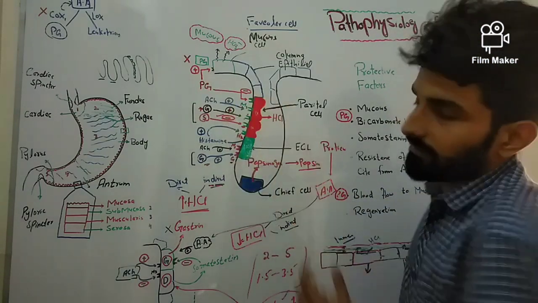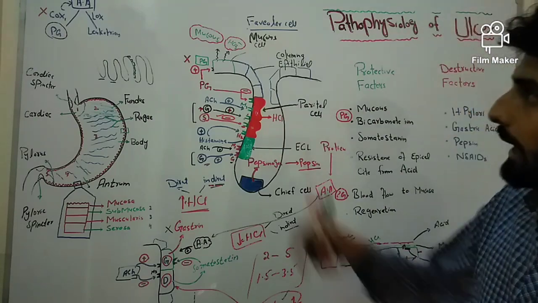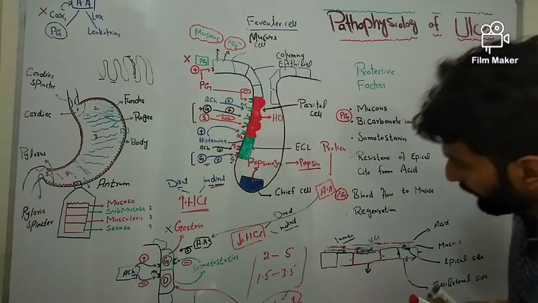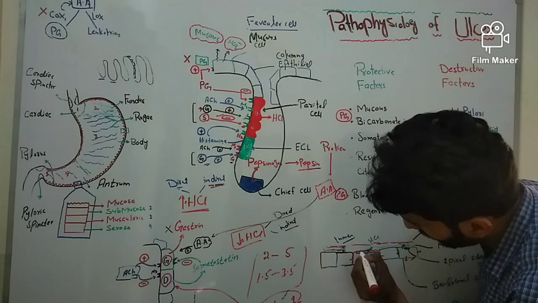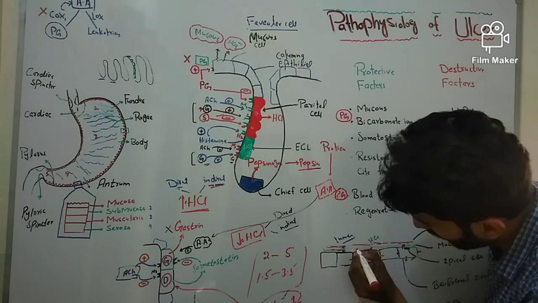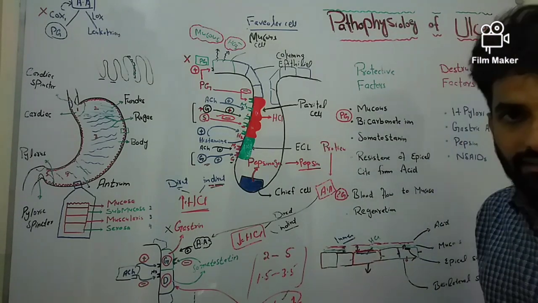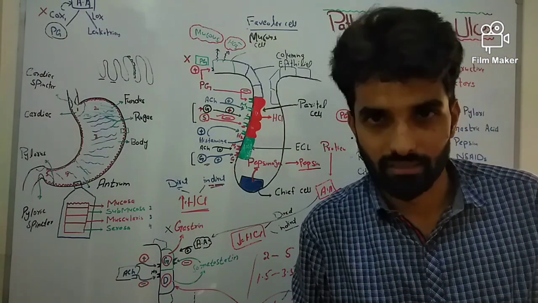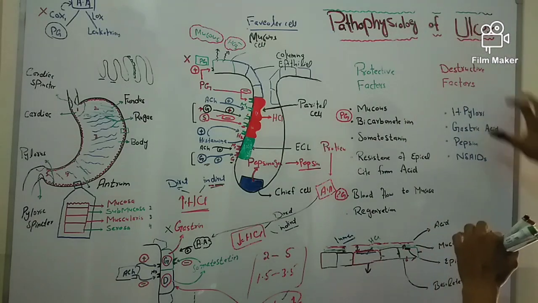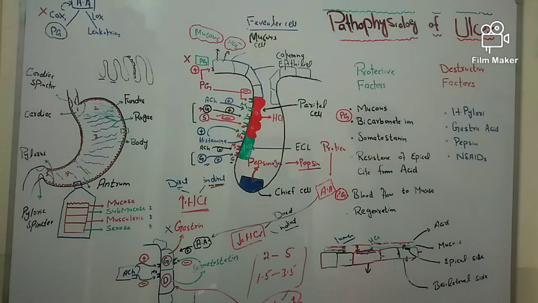Similarly, secretion of acid will also increase, and when there is no mucus, the cells will come into direct contact with HCl, and these epithelial cells will start damaging. Okay, so these are the destructive factors.